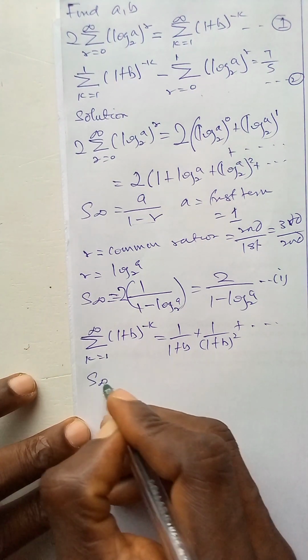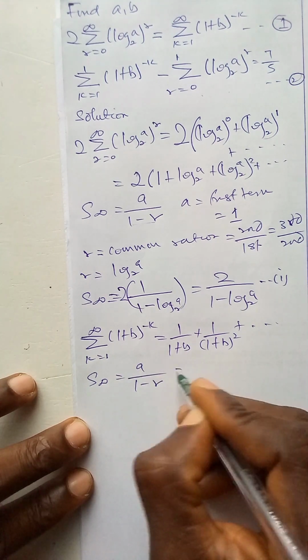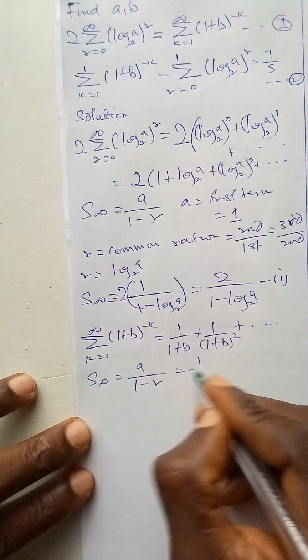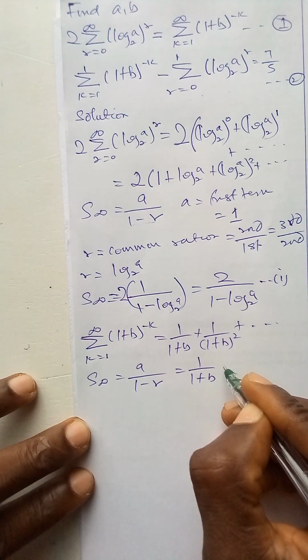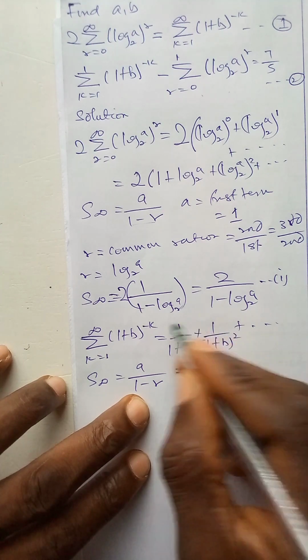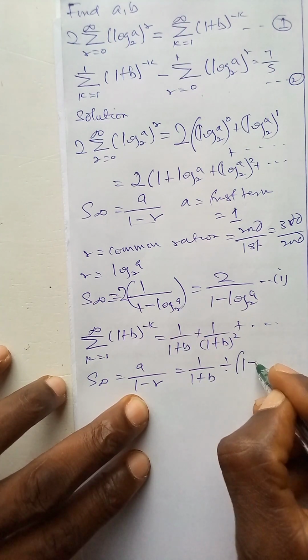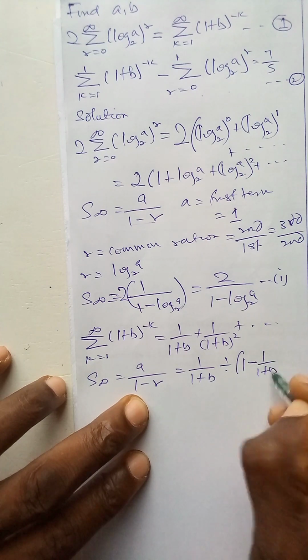Also, we need to find the sum to infinity. It is also a over 1 minus r. The first term is 1 over 1 plus b, and the common ratio is the second term divided by the first, which gives 1 over 1 plus b, so we have 1 minus 1 over 1 plus b.